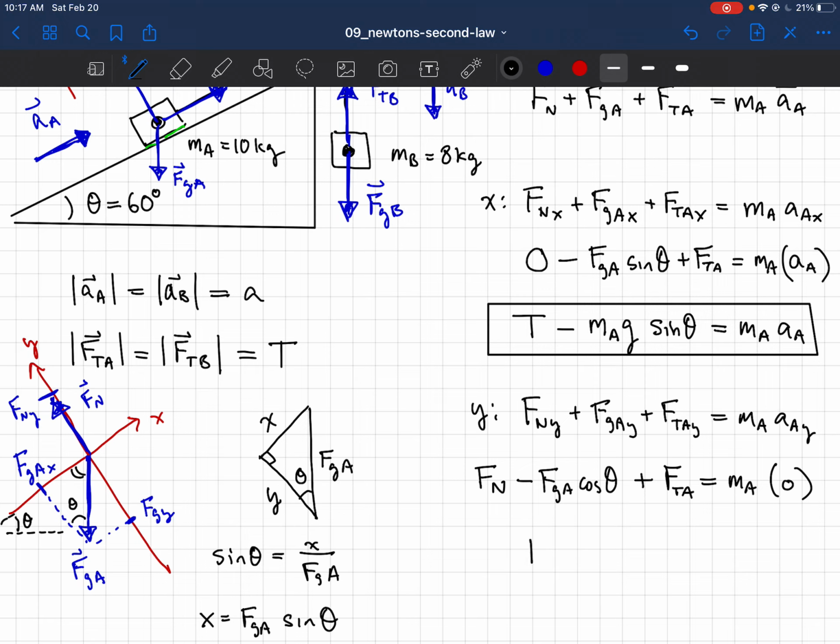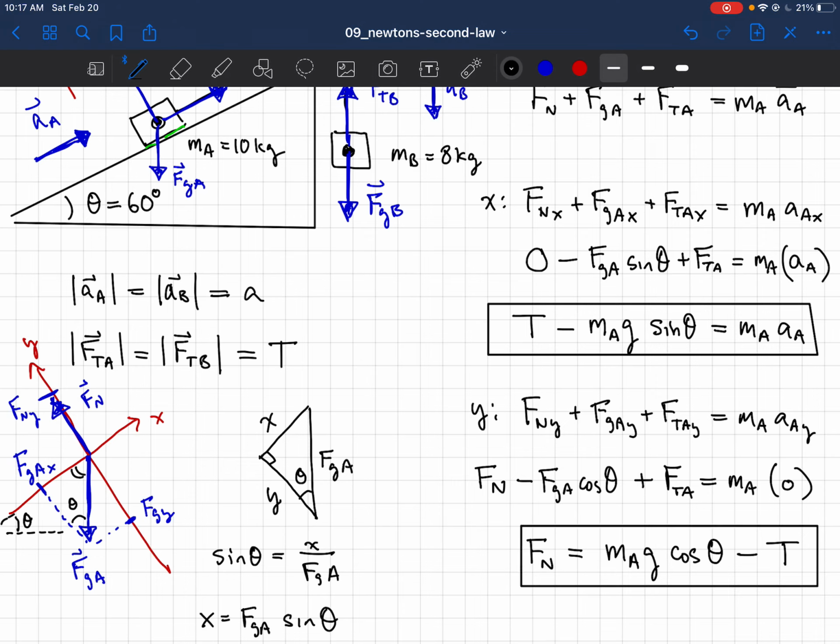So our next boxed equation is going to be F_N is equal to, let's move everything else to the other side, F_GA, oh, but I can write that in terms of the magnitude of the force of gravity, so m_A g cosine theta, and then minus F_TA, but I can write that in terms of my definition for the magnitude of the tension, minus T. There we go.